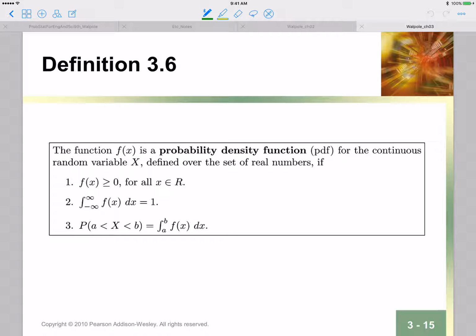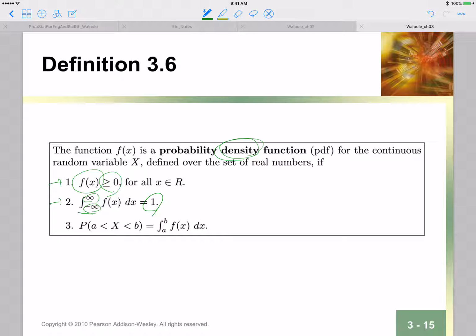Just like a probability mass function, this probability density function in the case of a continuous random variable should satisfy some properties. The first property is that the density should always be non-negative, greater than or equal to 0. Their integral over all the possible x values should always be equal to 1.